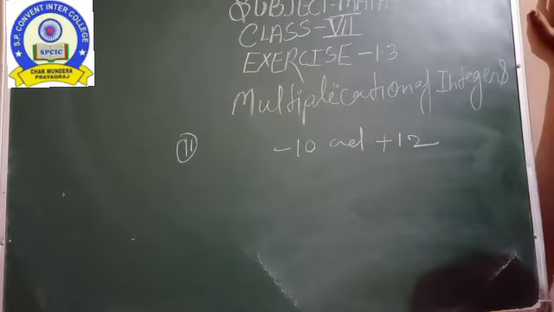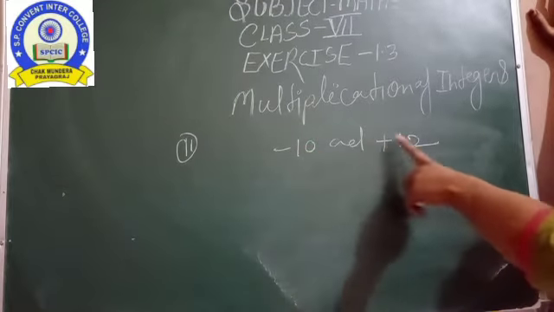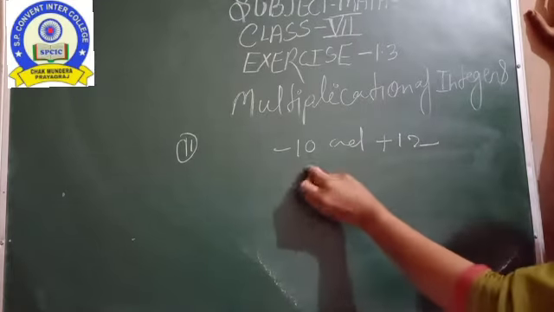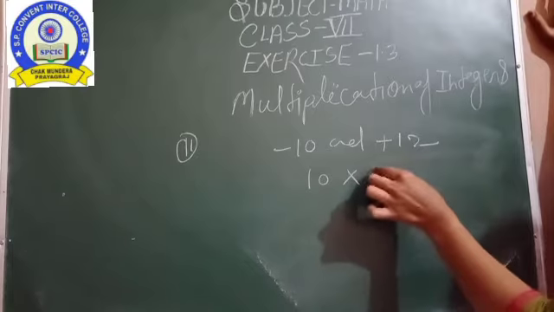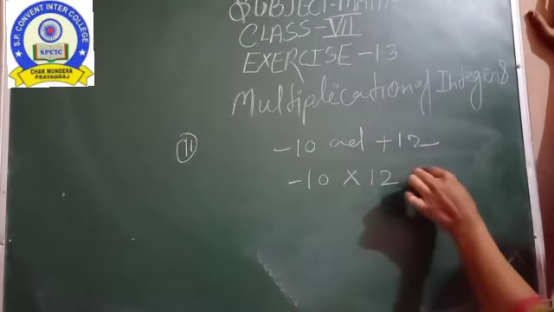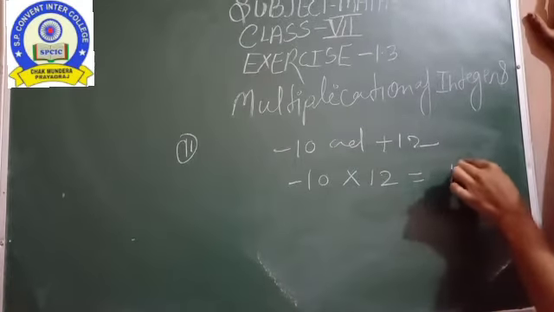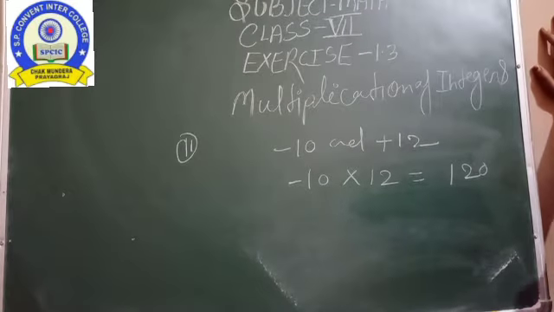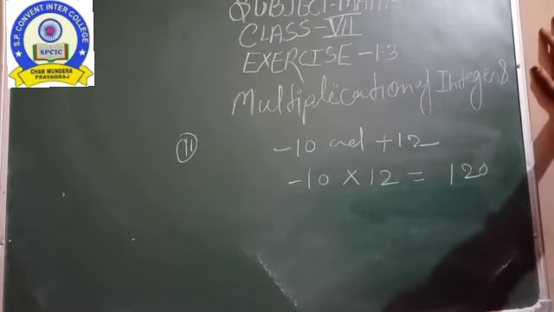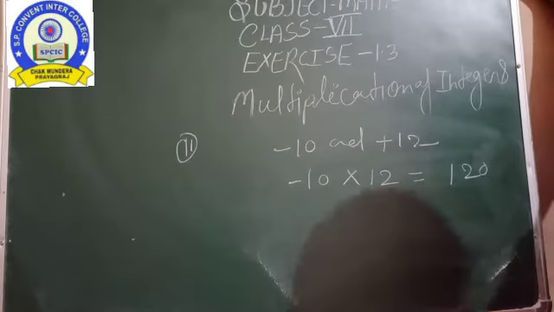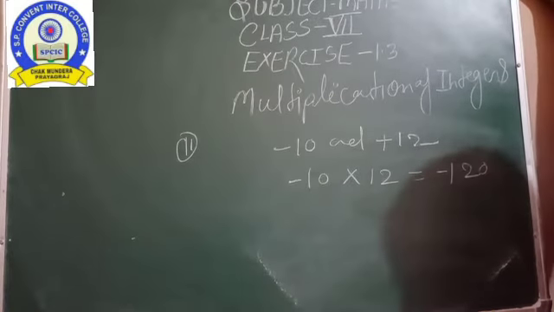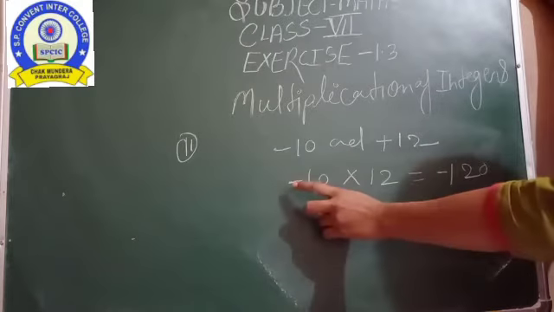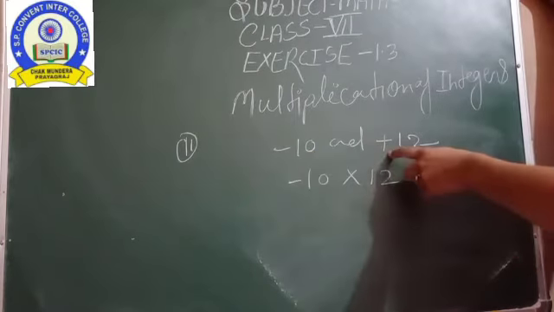The integers have opposite signs, one is negative and one is positive. So the product, 10 into 12 equal to 120, will have a negative sign, because minus plus is minus.